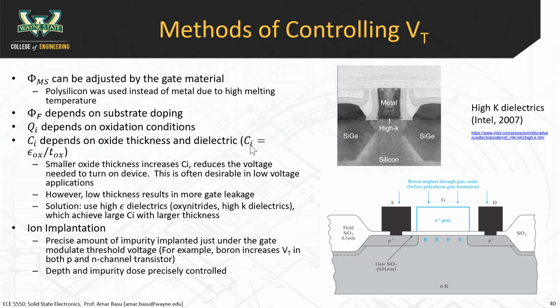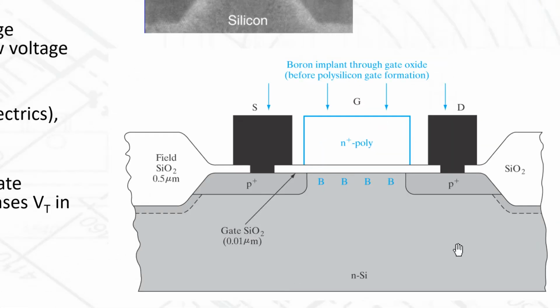So the Ci is a good way to control the threshold voltages. If you have a small oxide thickness, that makes your capacitance very large. And that allows you to better control the material right underneath the gate. All right, and I want you to think about this intuitively. Okay, if you just imagine, let's just zoom in on this image of a semiconductor here.